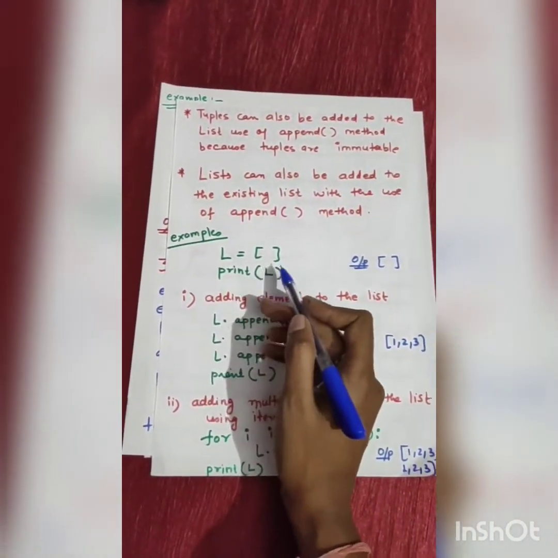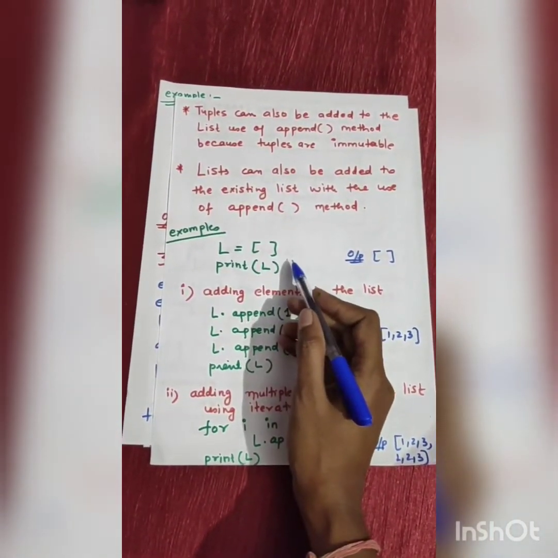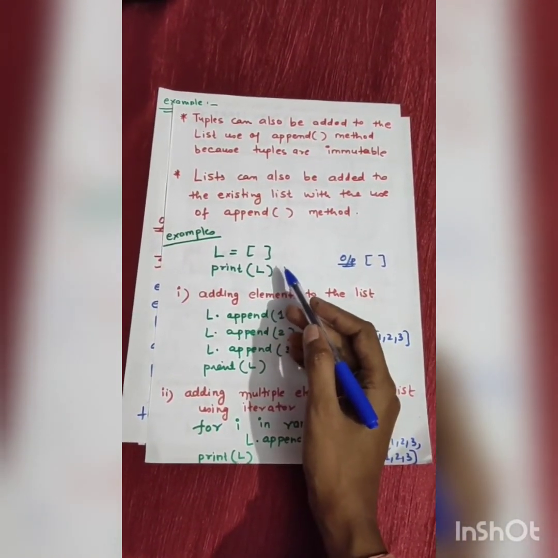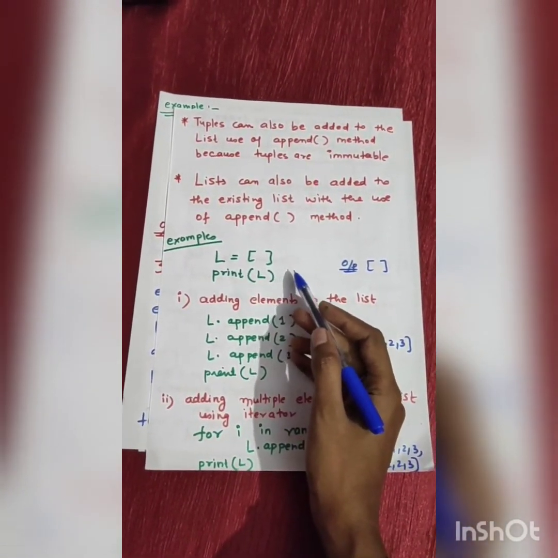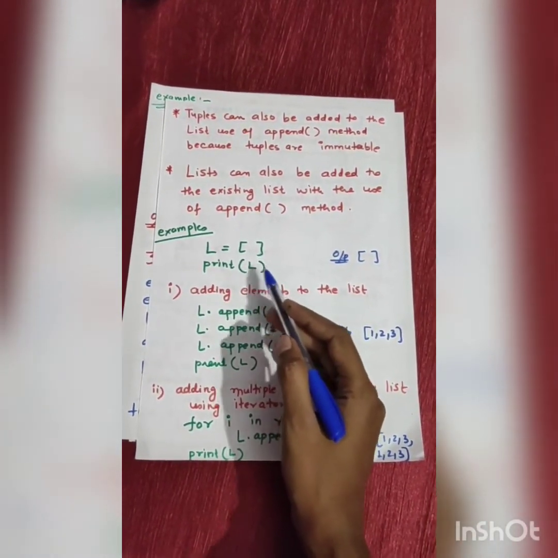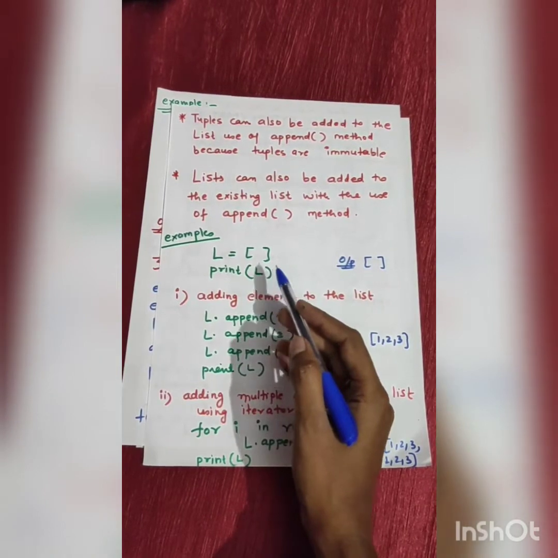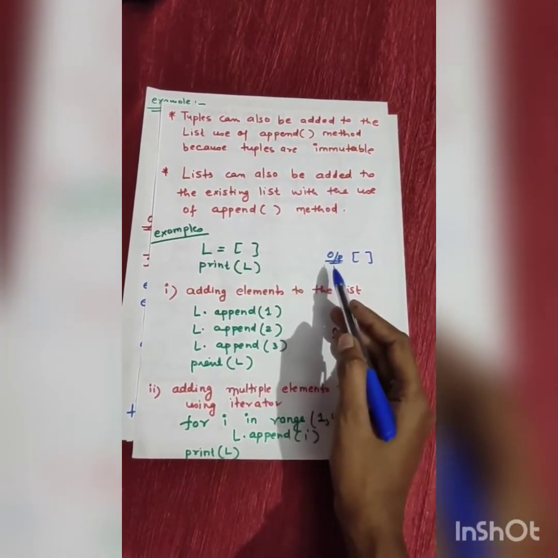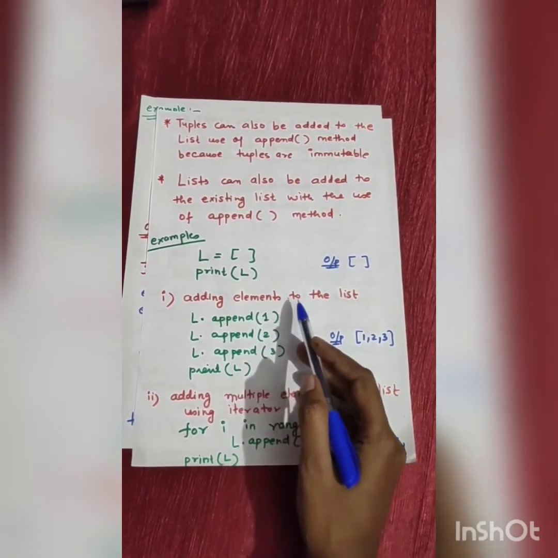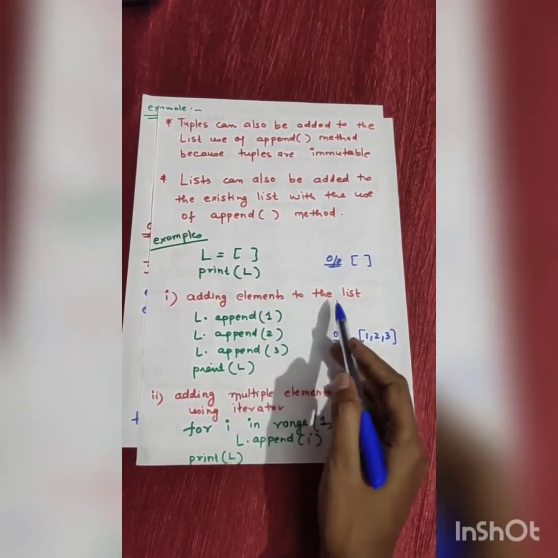Here I have created one empty list, because we all know that the append method will add the elements at the end of the list. You can create a non-empty list also. So what is the output? Empty list. Now I am adding the elements to the list one by one.